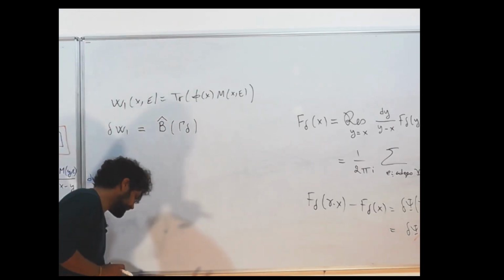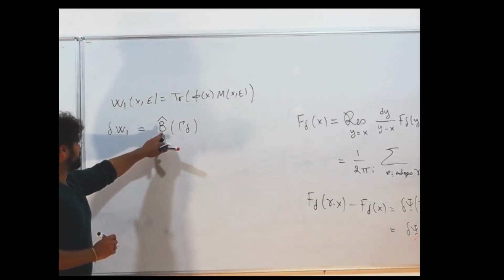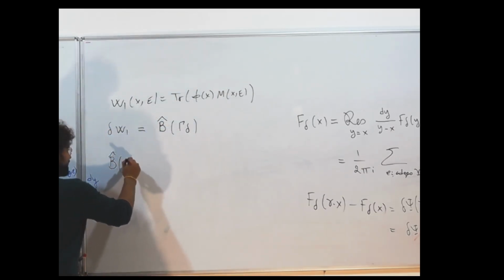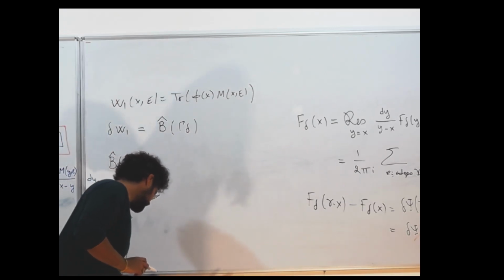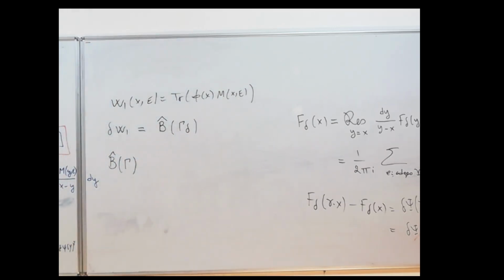Okay, and this b hat of gamma delta is defined in the following way by b hat of gamma. So what is this b hat of gamma?